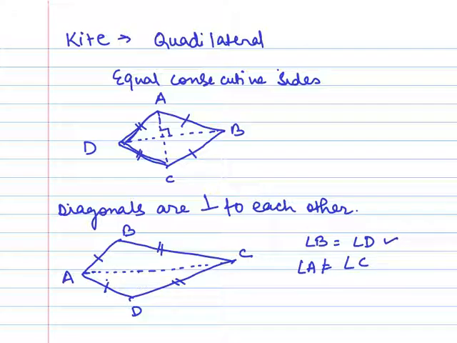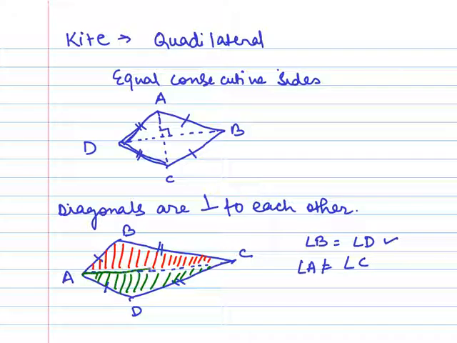We will prove how. See, consider these two triangles, triangle ABC and triangle ADC. We can straight away say by SSS condition that these two shaded triangles are congruent to each other because AB is equal to AD, BC is equal to DC, whereas side AC is common.